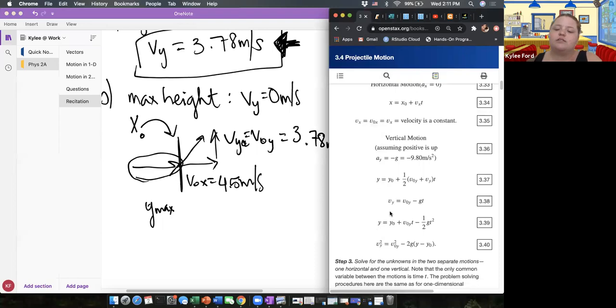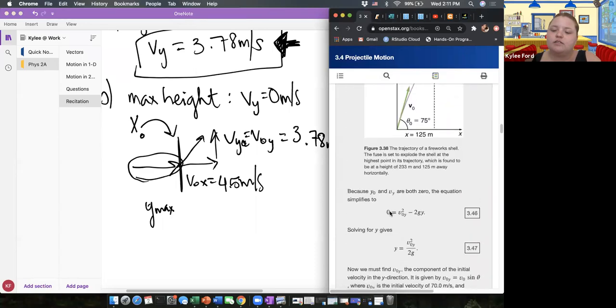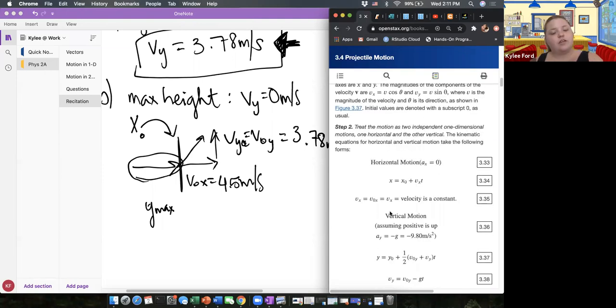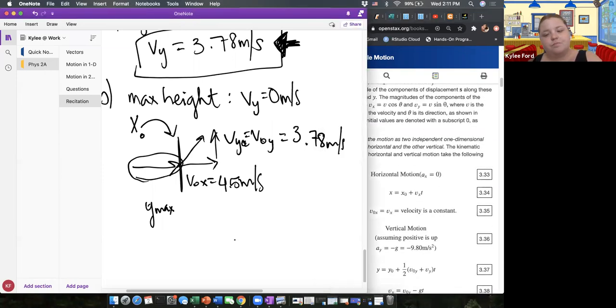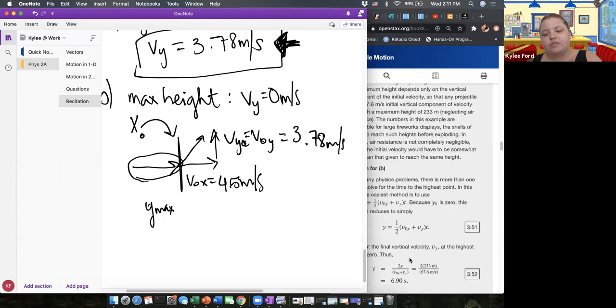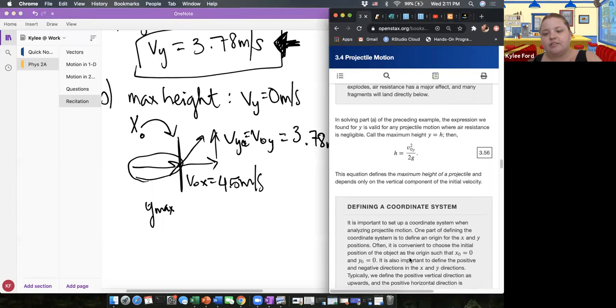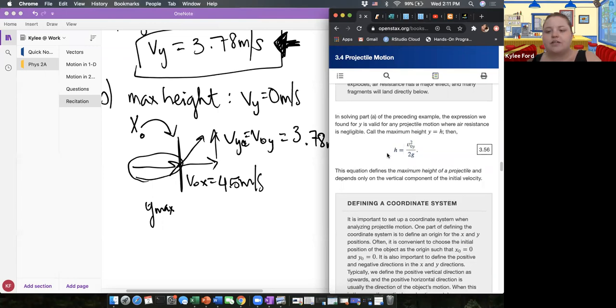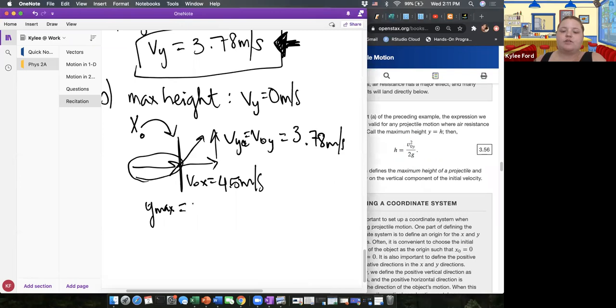Wait a minute, let's see. Oh, but we don't have our theta. But we could solve for theta. This is taking quite a bit of thinking here. Oh, we do have that. Okay, so let's say our y max is going to be this formula here.